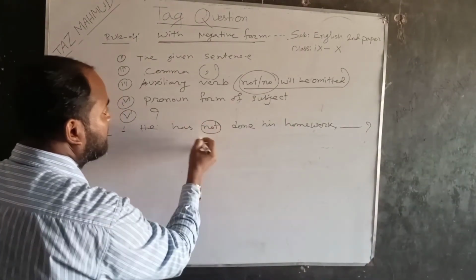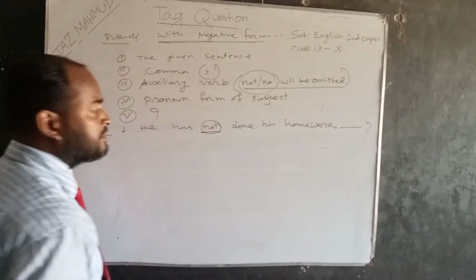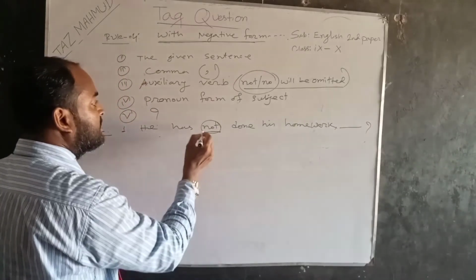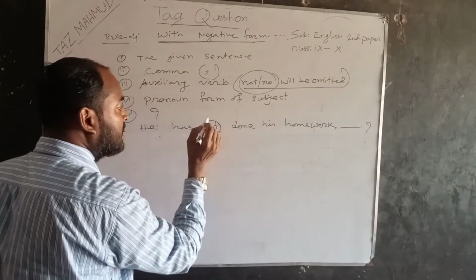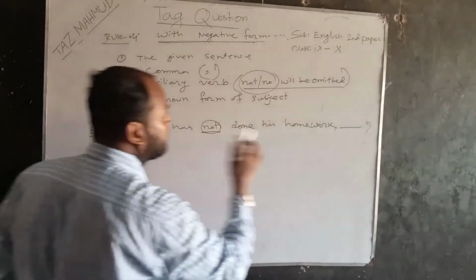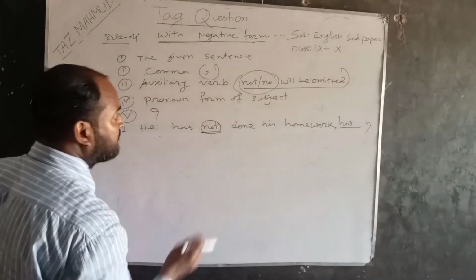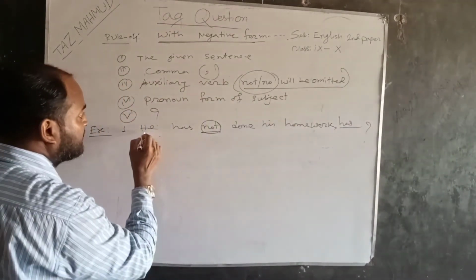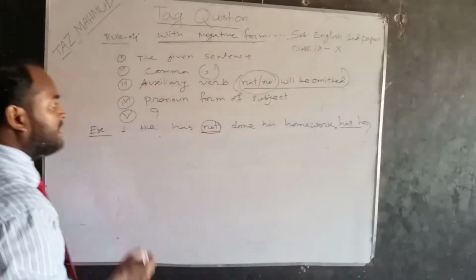You notice the sentence is negative form, because it bears no or not. Then we have to omit the negative form no or not, and first we write the sentence, then the auxiliary verb has, the not will be omitted from the answer part, and then we write the pronoun form of the subject.